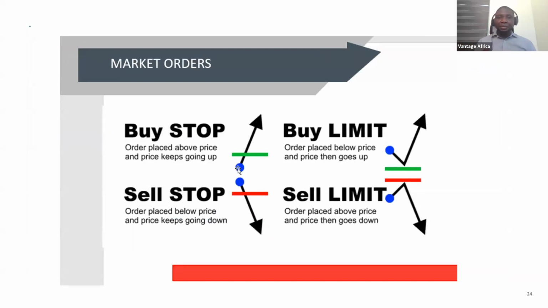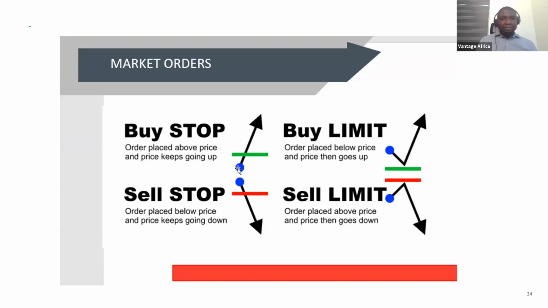A stop order is usually what we call a continuation order. Stop orders are called continuation orders, while limit orders are called reversal orders. And you will know shortly why we call them that.